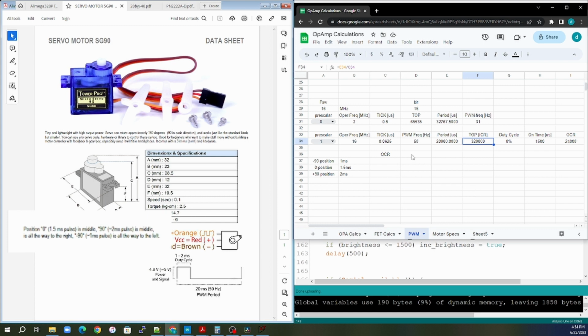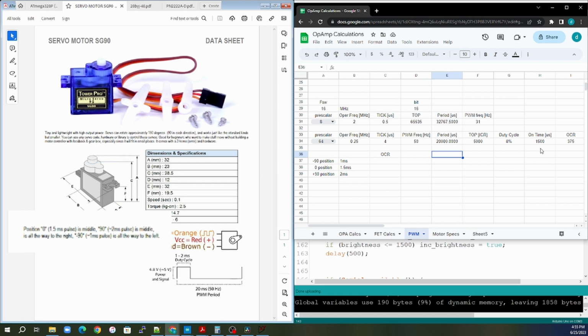But with a prescaler of 1, in order to receive this 20 millisecond pulse, we would have to set that ICR value to 320,000. That's not possible with a 16-bit timer. So what we're going to do instead is change our prescaler. We're going to go down to 64. Now that puts our ICR at a value of 5,000, which is completely doable.